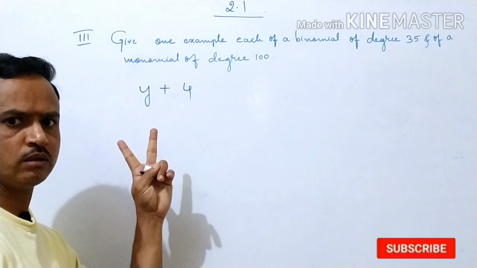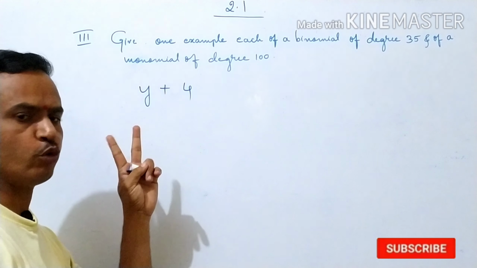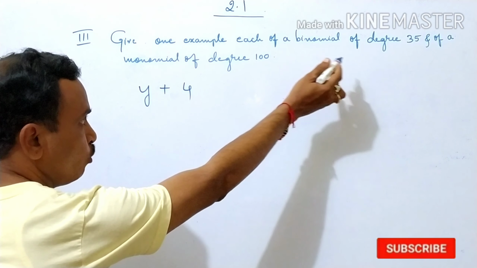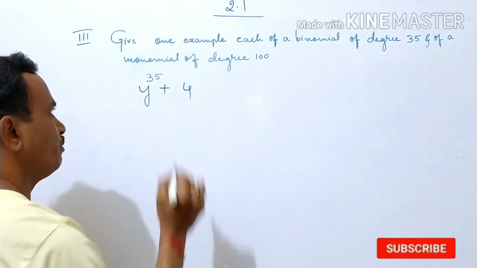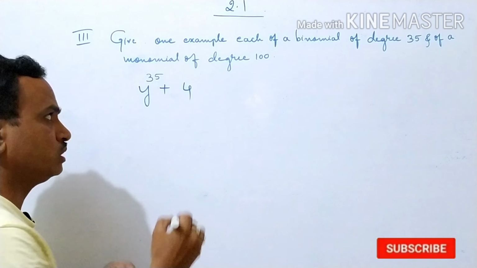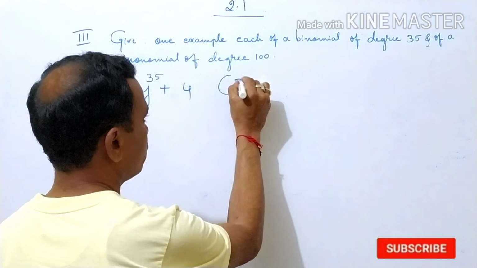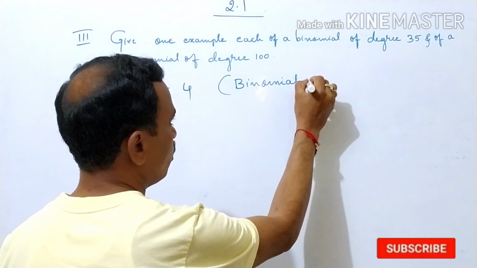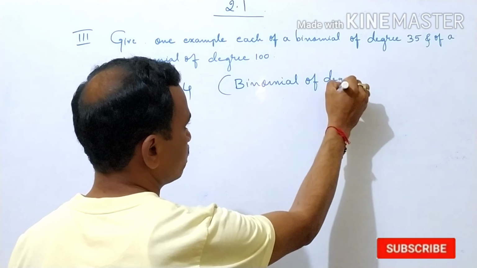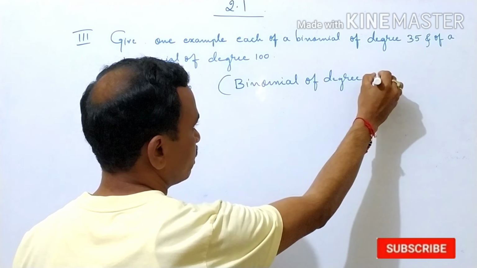Two terms are there, so it is said to be a binomial. Binomial of degree 35, then we should write y to the power of 35. So this is a binomial of degree 35.